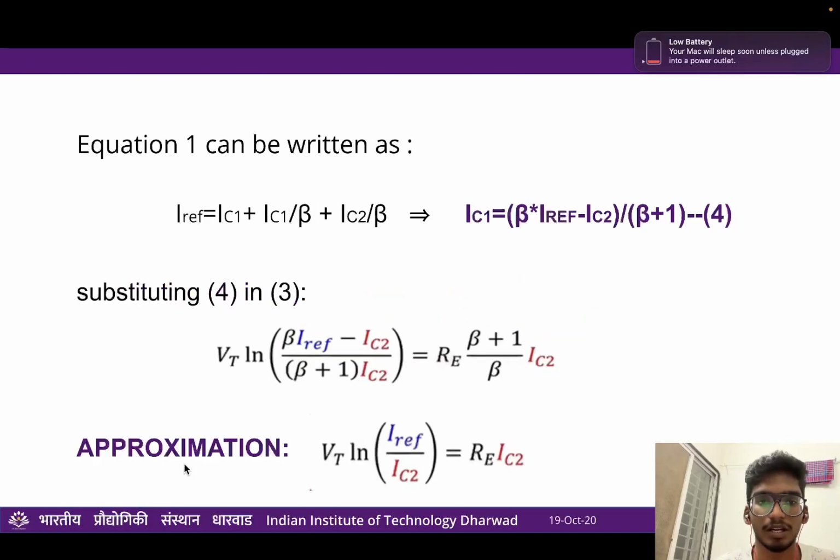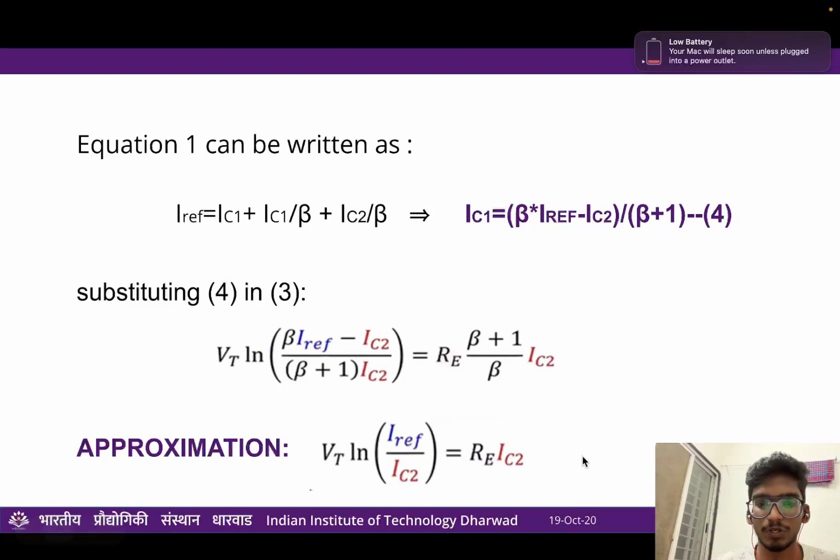And also by rearranging equation 1, we can bring out equation 4, and substituting equations 3 and 4 in 3, we can get the equation shown here. This equation is approximated to the shown equation.